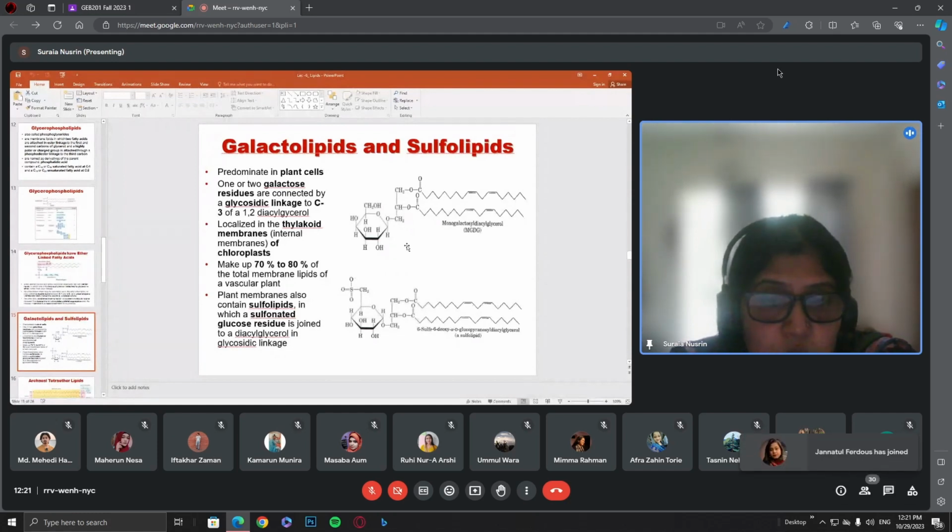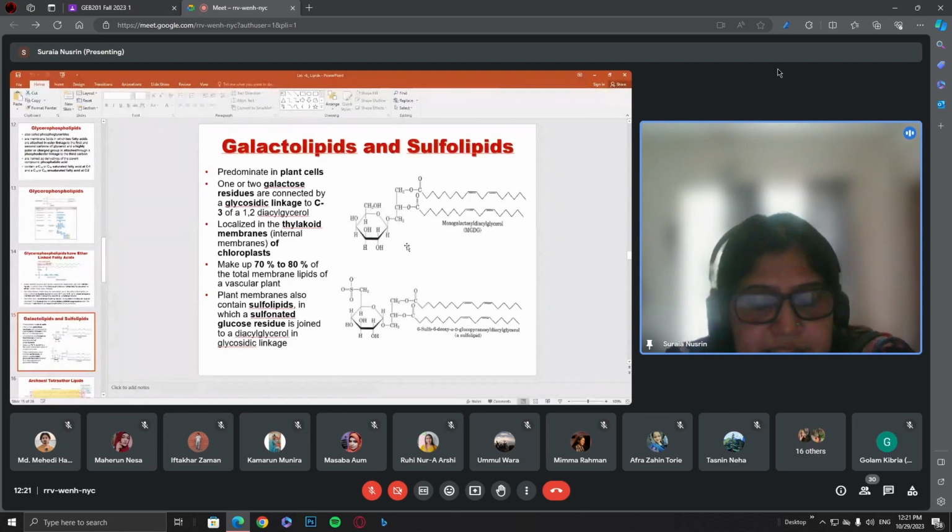In the previous one, the polar head group is linked to the glycerol by phosphodiester bond, because there is a phosphate group, but here there is no phosphate group.